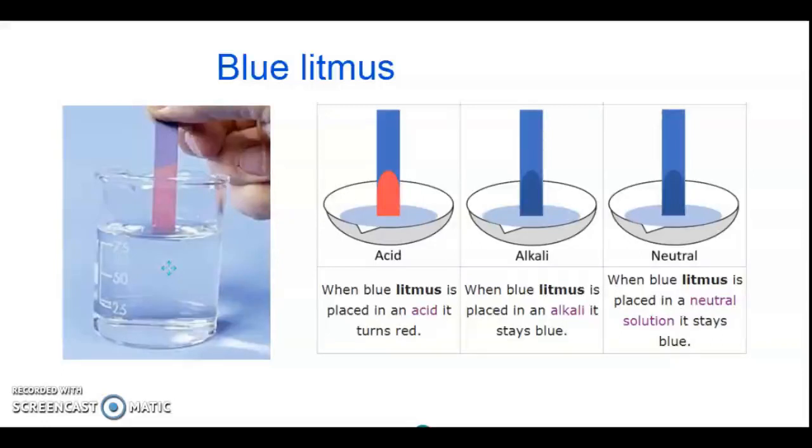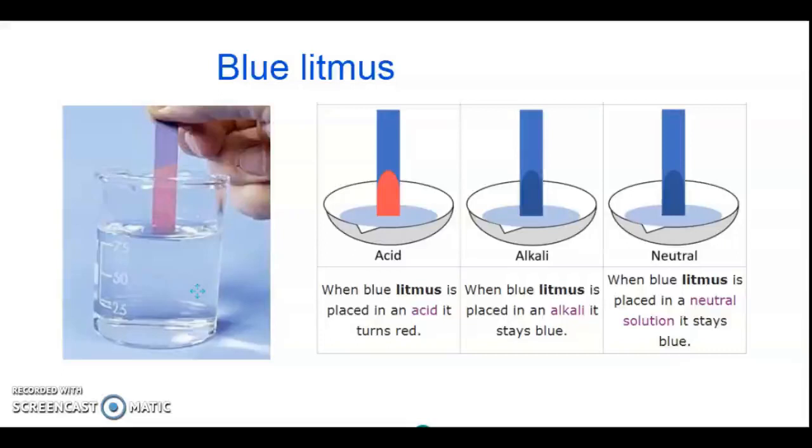And if it's dipped in a neutral solution, there is also no change. When a blue litmus paper is dipped into an acidic solution, it will give a color change. That is, the blue litmus paper will turn red. That means the given solution is acidic in nature.